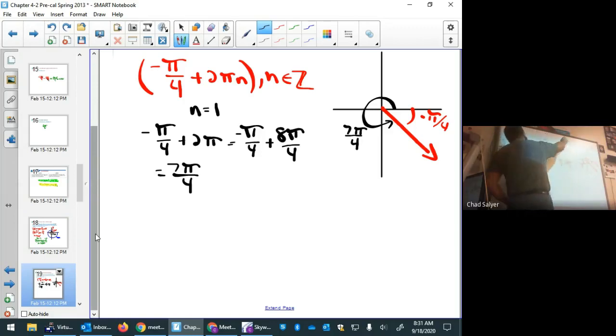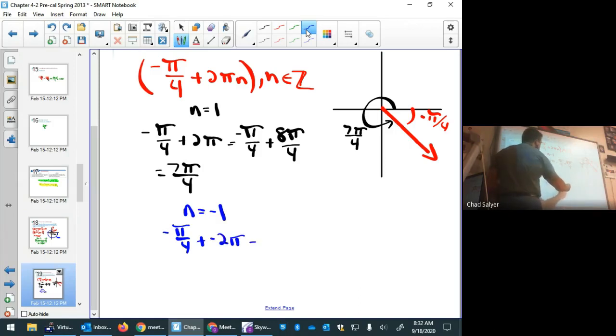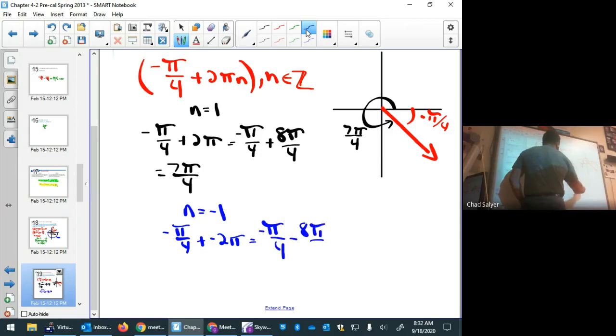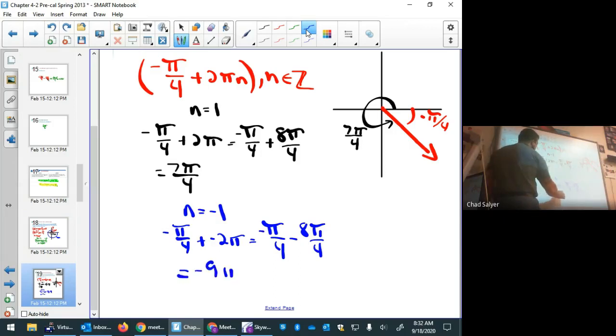For the negative one, let's let n equal negative 1. And so that's going to be negative pi over 4 plus negative 2 pi. Once again, we need a common denominator. Negative pi over 4 minus 8 pi over 4 is negative 9 pi over 4.